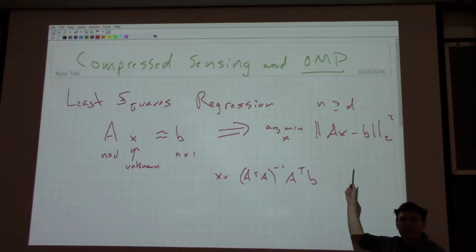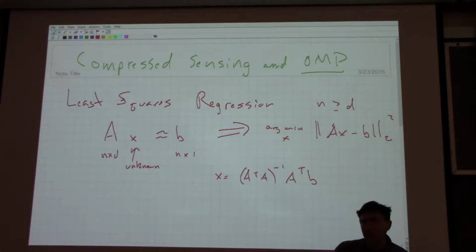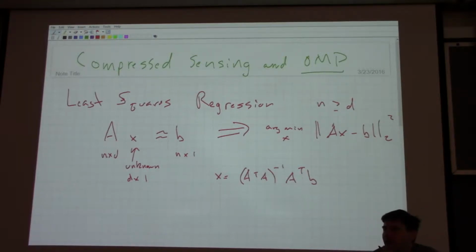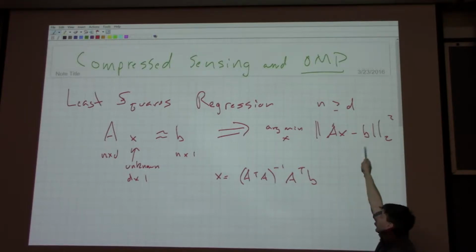What happens if d is larger than n? Then you've got an under-constrained system, so you can't solve for the x uniquely. Or is it the other way? Well, if d is equal to n, there's exactly one x. If d is less than n, you can't solve exactly, so you solve for the x that has the smallest squared error.